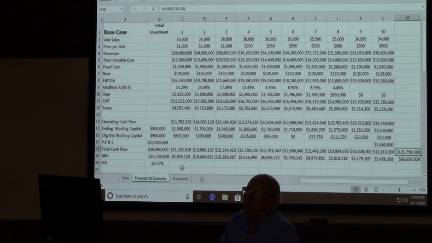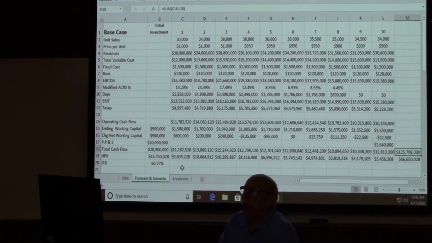We could even, if we looked at the $20 million, if we move that up or down by 15%, you're looking at $3 million over the entire project, which takes in base case $126 million in total cash flow. You think $3 million is going to make a dent in that $126 million in total cash flow? And the answer is no, it's not.